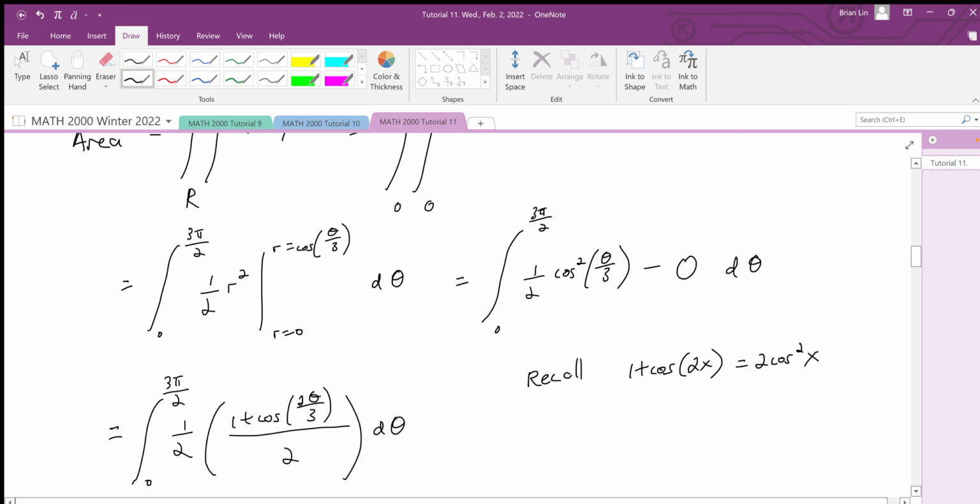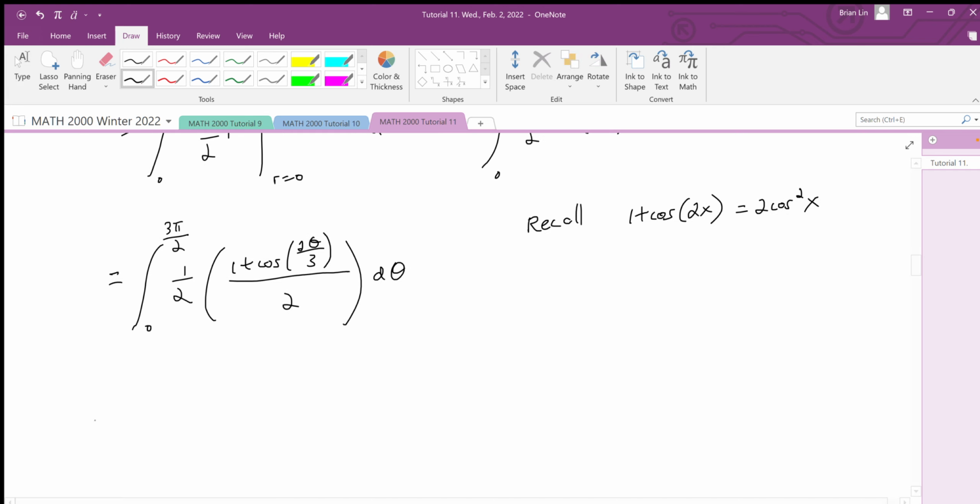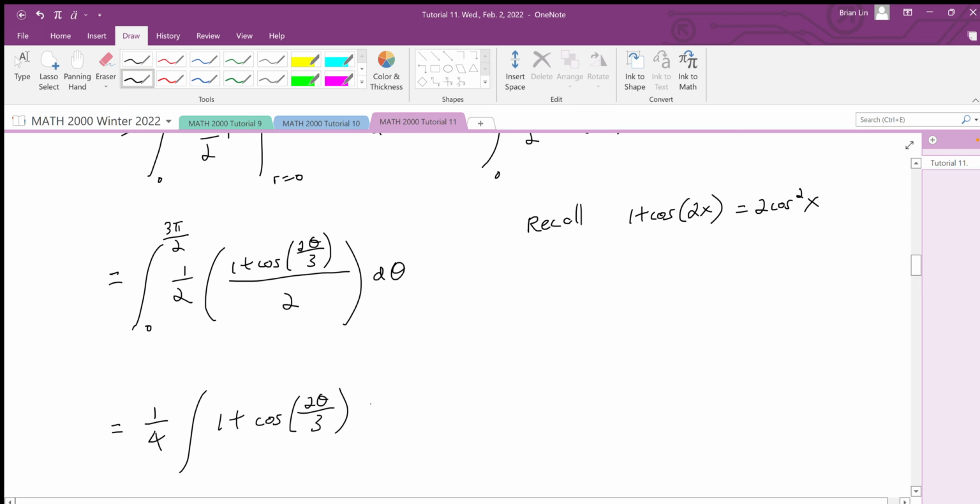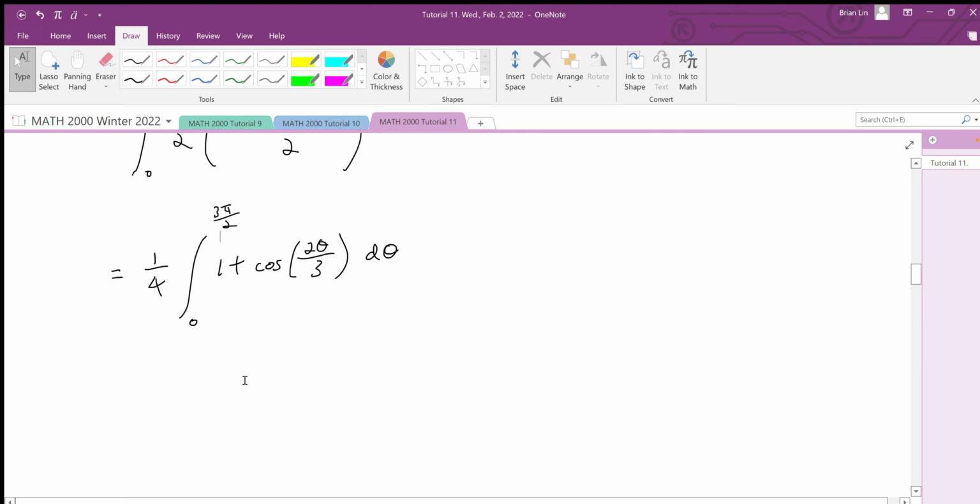But now all the hard work is done. It's just an integral of one variable. Just simplify it first. So you pull out 1/4, that becomes 1 plus cosine 2 theta over 3 d theta. And the rest is just first year calculus now at this point.